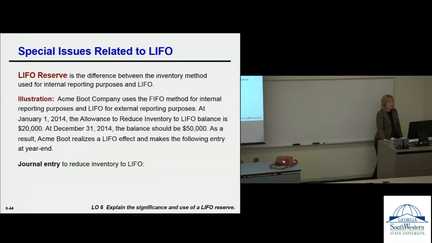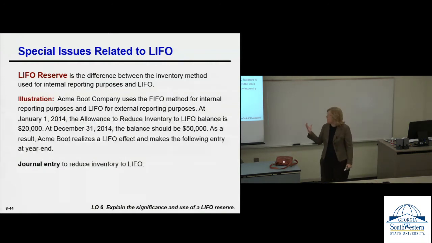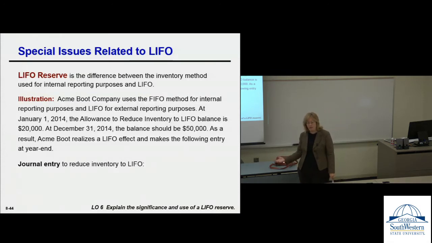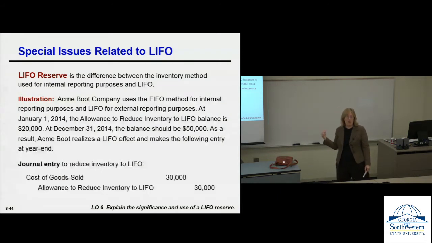But sometimes LIFO can cause some problems. And this is one thing that we haven't really talked about. When we come up with our inventory value, we're probably going to have to adjust our records. What we'll have to do is adjust our inventory records to match the inventory method that we've come up with, and in this case reduce inventory to LIFO.